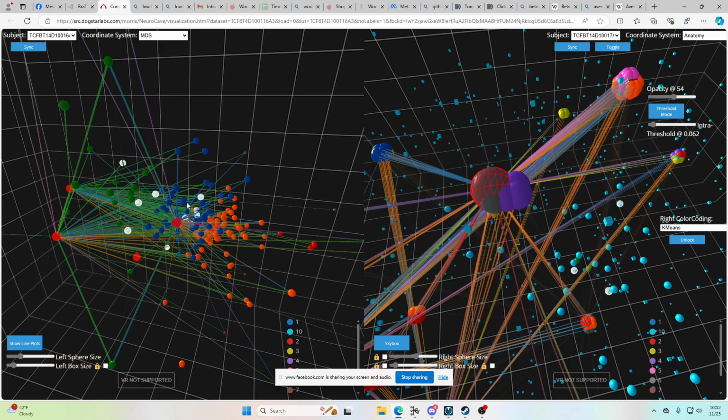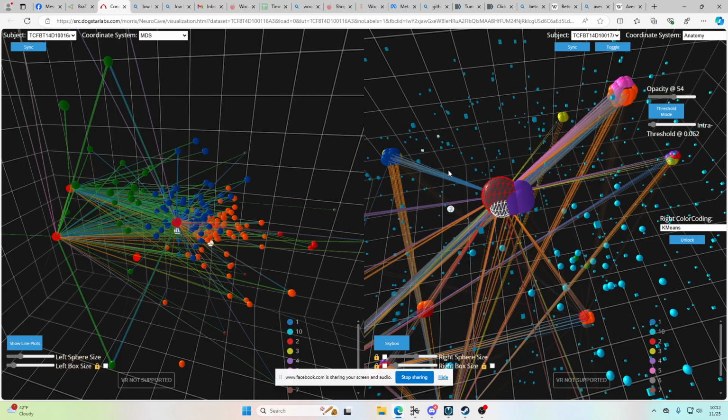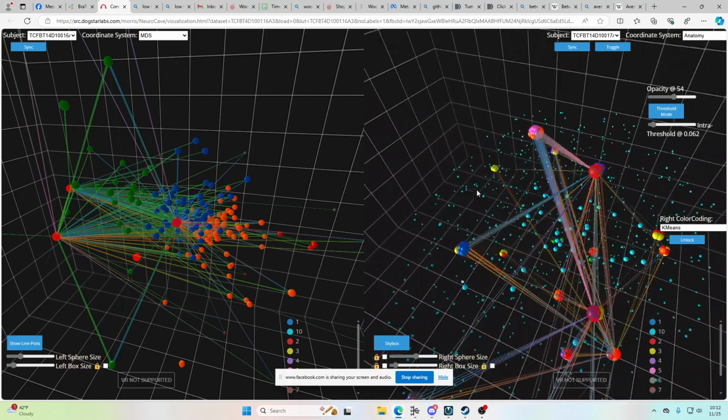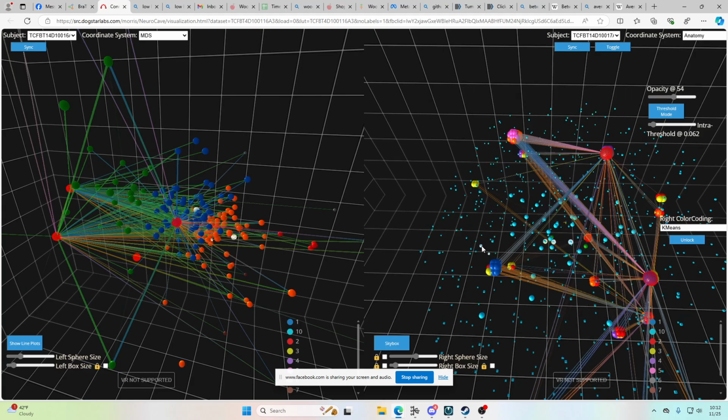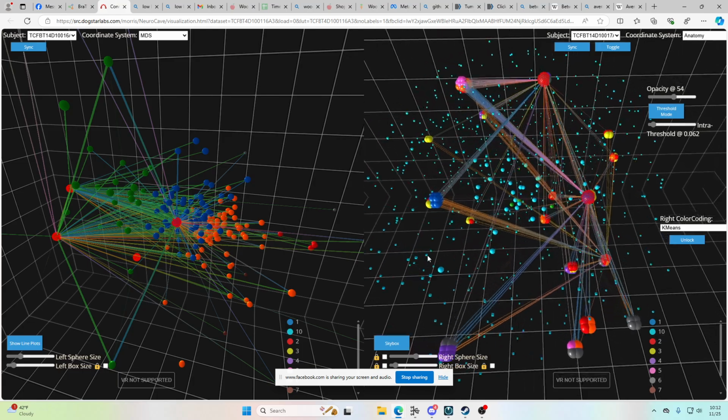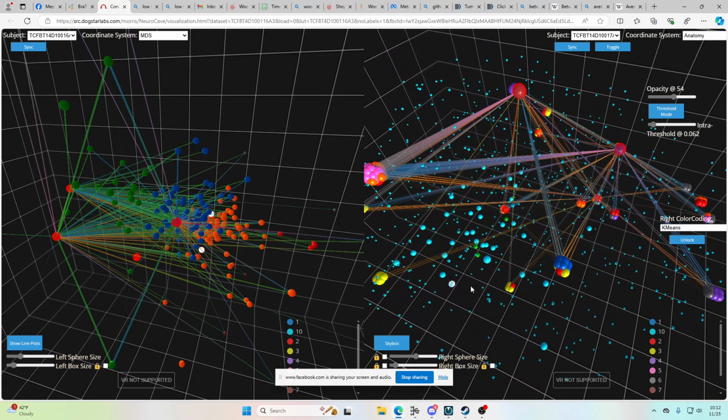data space over here on the left, which is an MDS multidimensional reduction transformation of the tumor data set, and also how it relates to all the different tumors and their migration patterns in this metastatic brain data set.